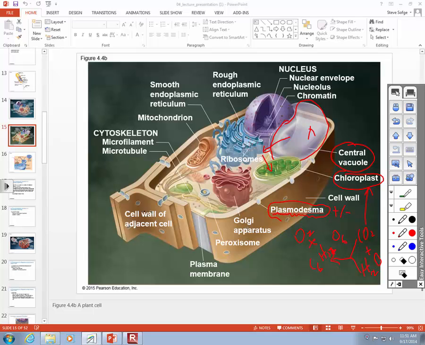So things can move back and forth between cells with plasmodesmata. We have some cells that do that too. Our heart cells have little passageways for things to move back and forth, which allows it to function the way it does. Without those holes, it wouldn't function the way it does.